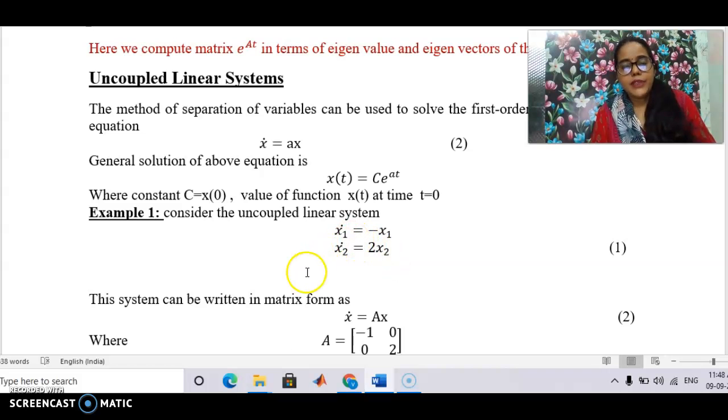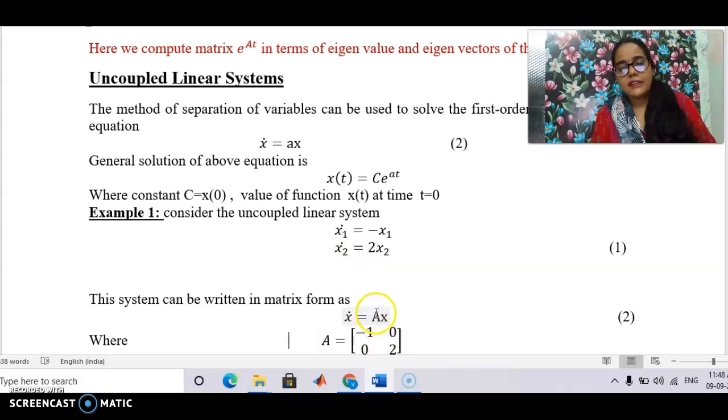This system can be written in matrix notation form. X dot will be equal to Ax, where capital A is a matrix, because the system was x dot equals Ax. X dot is x1 dot, x2 dot, x is x1, x2.